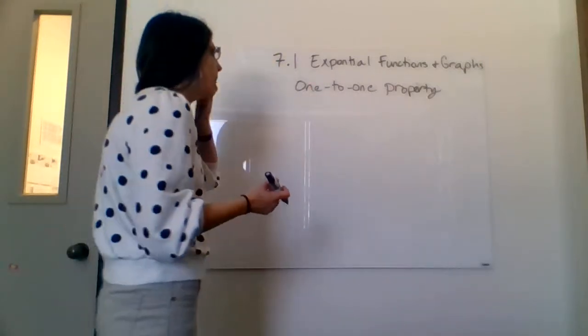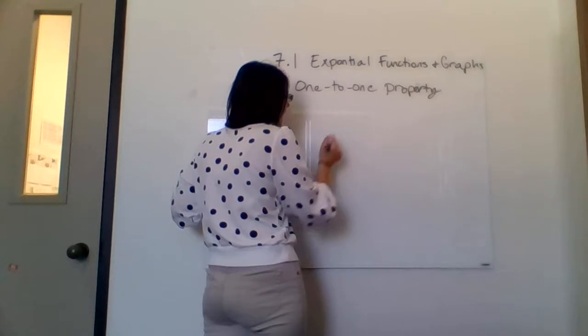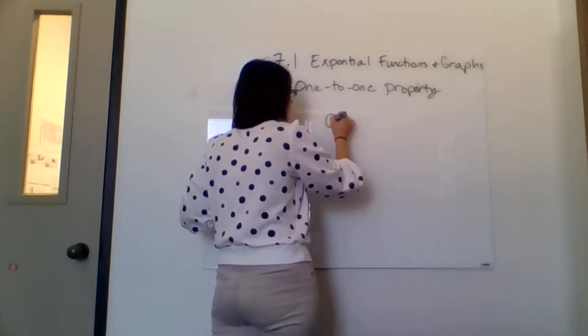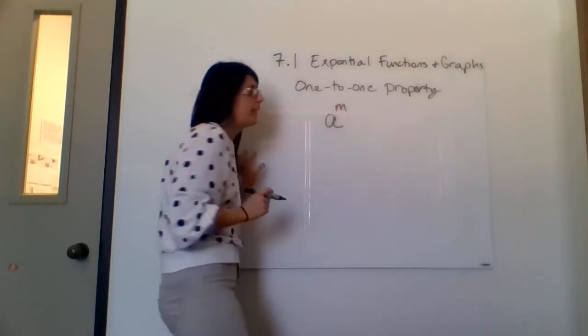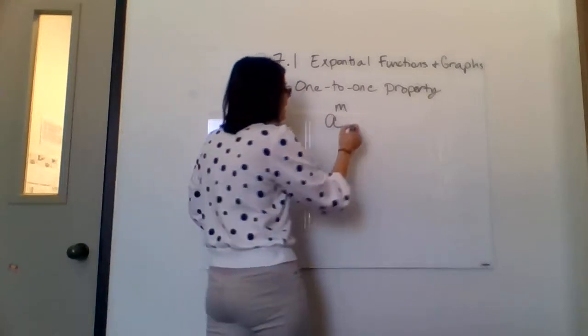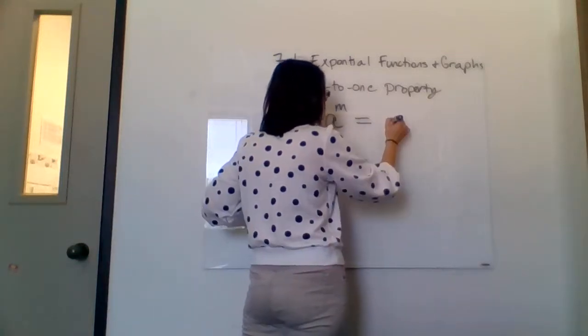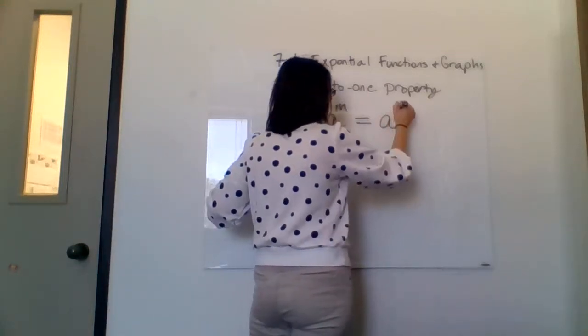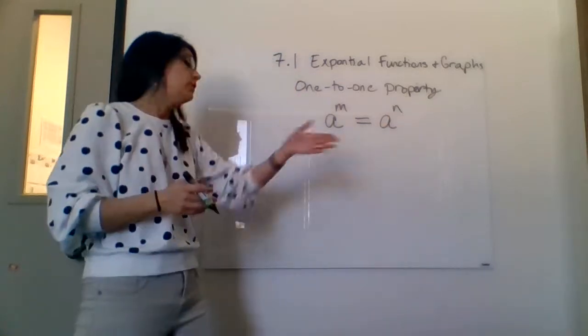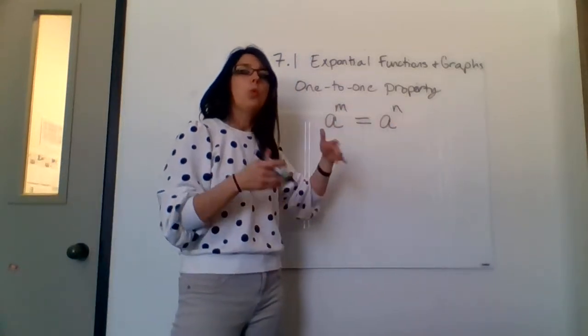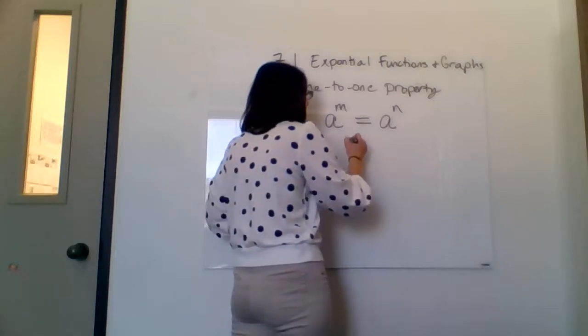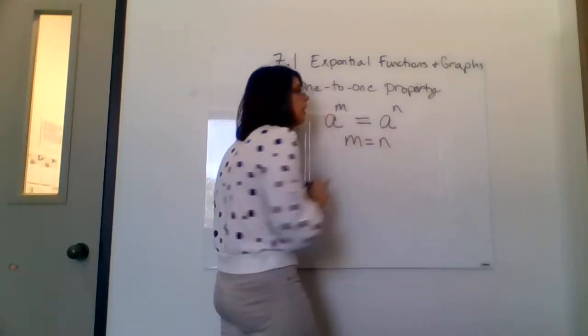The one-to-one property tells me that if I have some base raised to some exponent, and that's equal to the same base raised to some other exponent, then those exponents must be equal to each other.